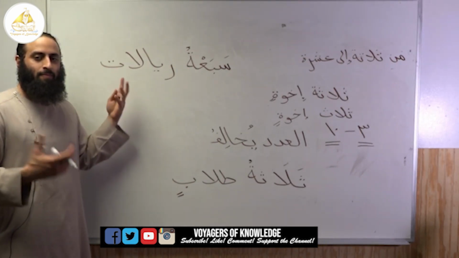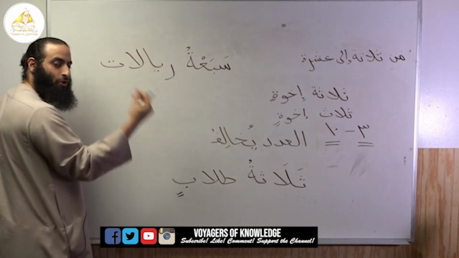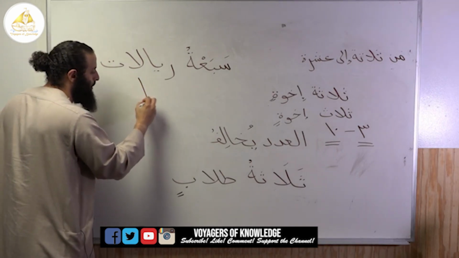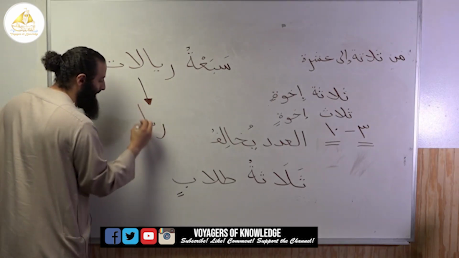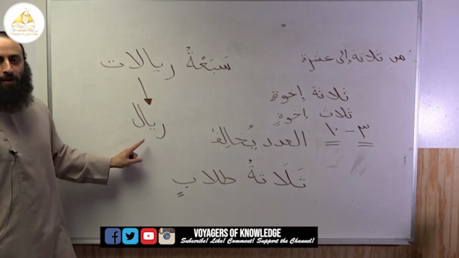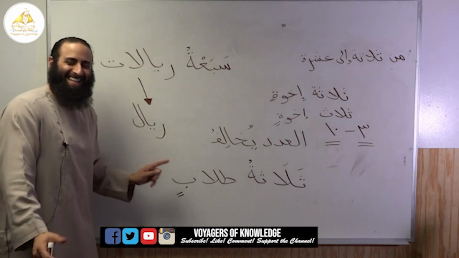That's right. We need to take this word and, to determine if it's masculine or feminine, look at the singular form. And we find that the singular form of riyalatun is riyal. Masculine or feminine? This is so deep. You have to know everything.